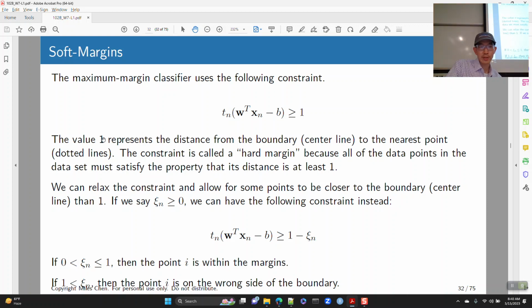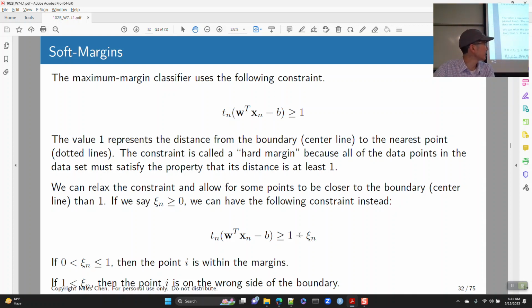So here, the value 1 represents the distance from that center line to the nearest point along the dotted lines. And we called this a hard margin because all of the data points must satisfy the property that that distance is at least 1, whatever margin we've defined. What we can do is put in this term xi, okay?